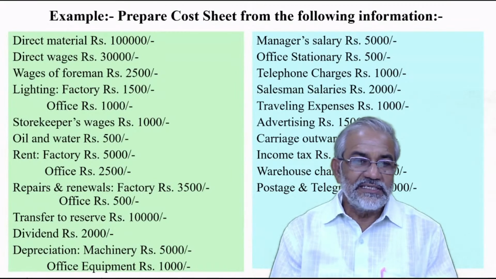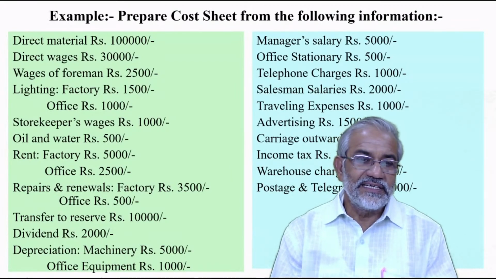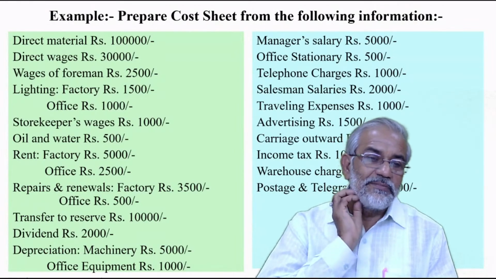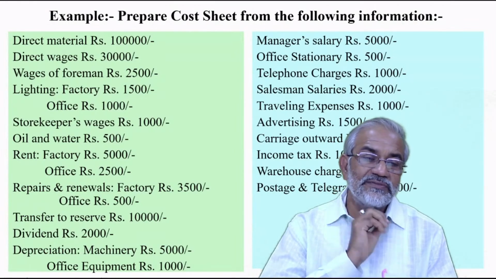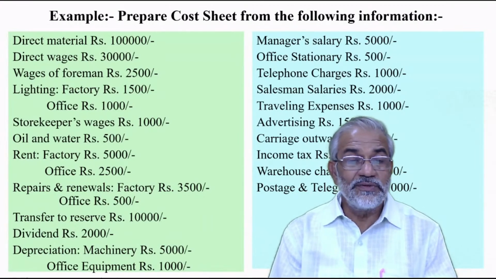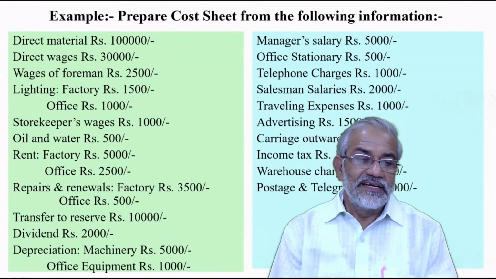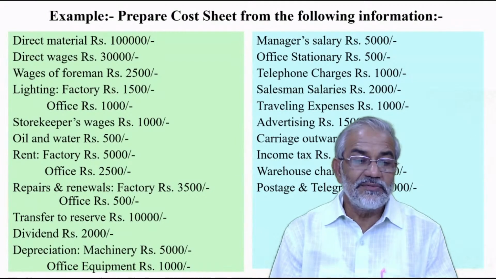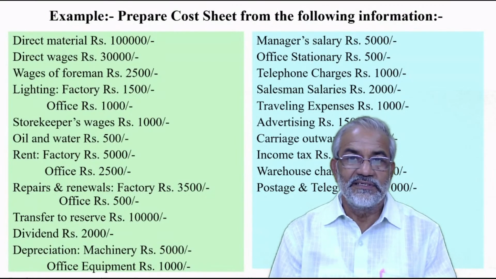Oil and water charges is 500. Factory rent is 5,000. Office rent is 2,500. Repair and renewals of factory is 3,500, and repair and renewals of office is 500. Transport to reserve is 10,000. Dividend 2,000. Depreciation on machinery is 5,000, and depreciation on office equipment is 1,000.